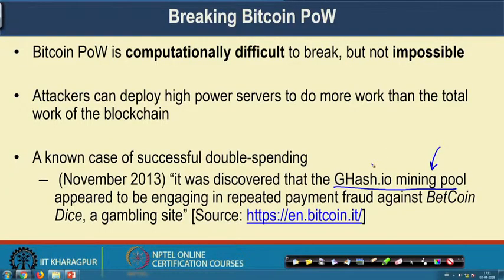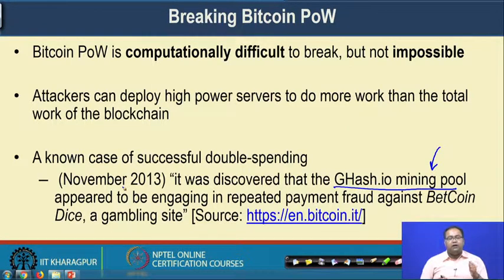It was discovered in November 2013 that the ghash.io mining pool appeared to be engaging in repeated payment fraud against Bitcoin DICE, which is a gambling website. That kind of double spending happened there, so ghash.io was able to launch a double spending attack over the Bitcoin network.